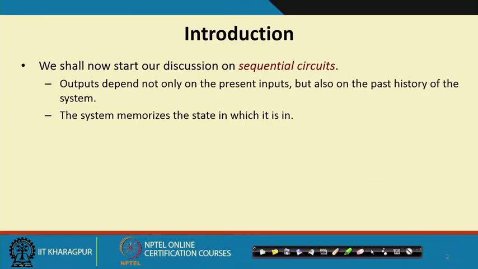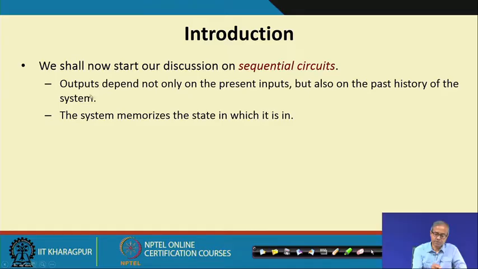As I have just mentioned, for a sequential circuit, the outputs will depend not only on the inputs that we have applied, but also on some kind of past history of the system, which in other words means that the system has to memorize which state it is in.